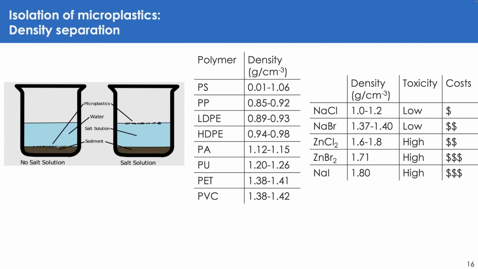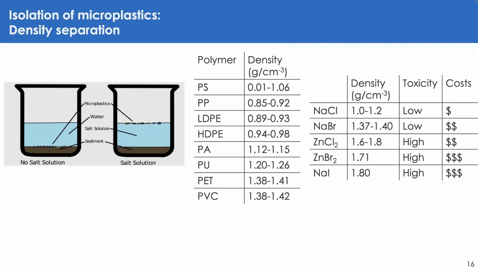So while some of the salts to use, like sodium chloride, are very low cost and have a low toxicity, they also don't have a very high density, which means you may not be able to recover some of those higher density microplastics. And so that's why many researchers use more heavy salts to be able to recover more dense microplastics as well.